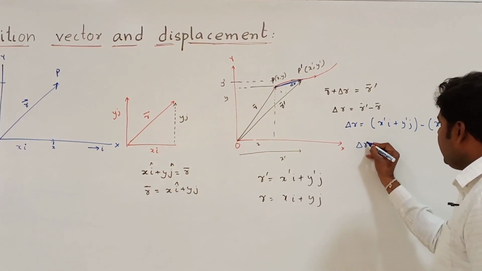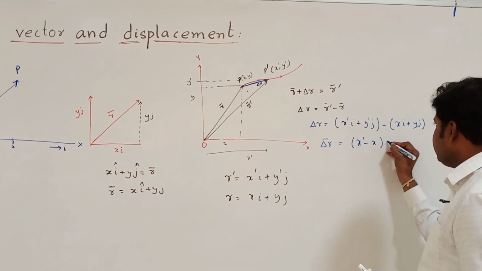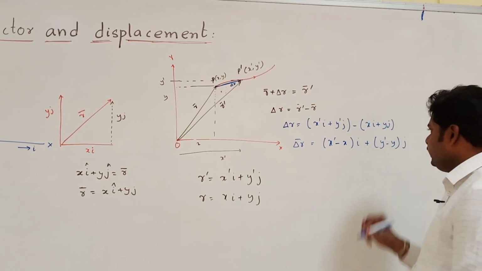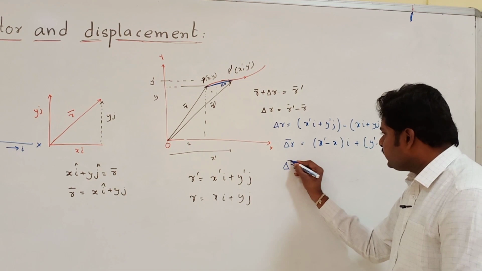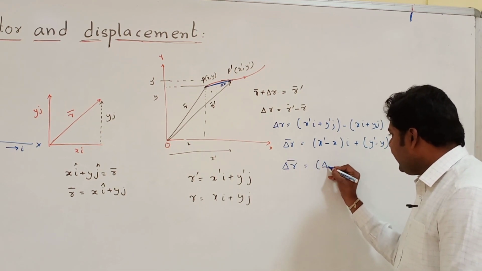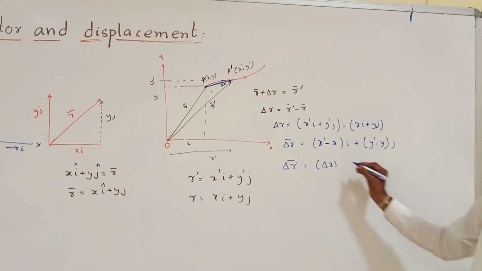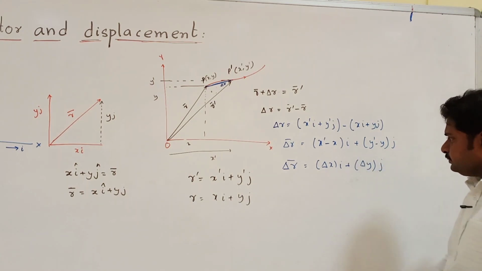So delta r vector is equal to (x dash minus x)i plus (y dash minus y)j. Now delta r vector is equal to delta x i plus delta y j, because x dash minus x is delta x.